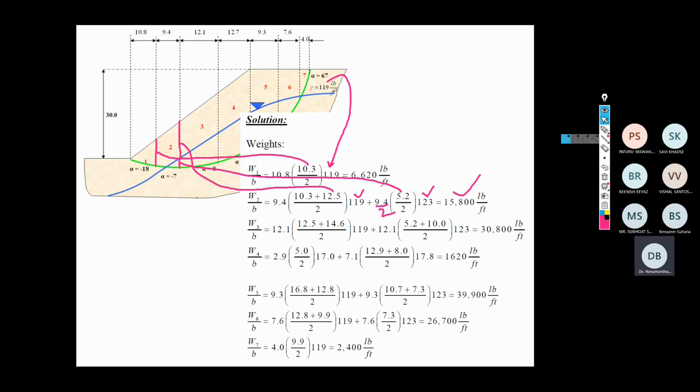Or in that case, you can exactly measure the height on each side. That means, sir, if we consider a very, very small width, then it will be more accurate. More accurate. Correct.